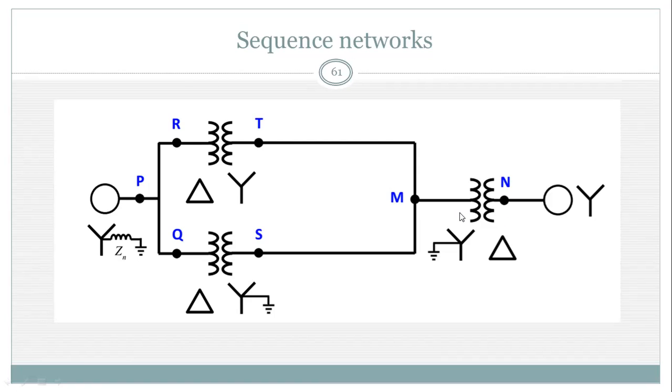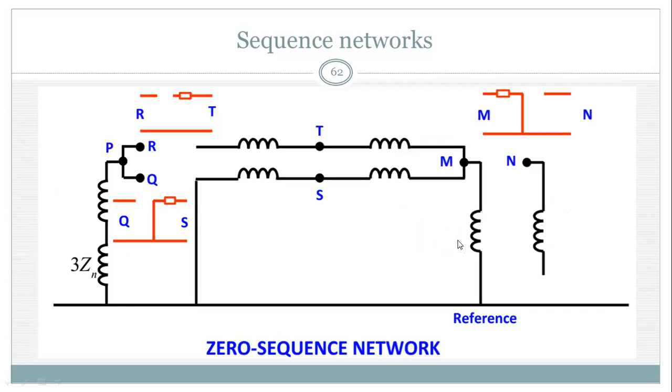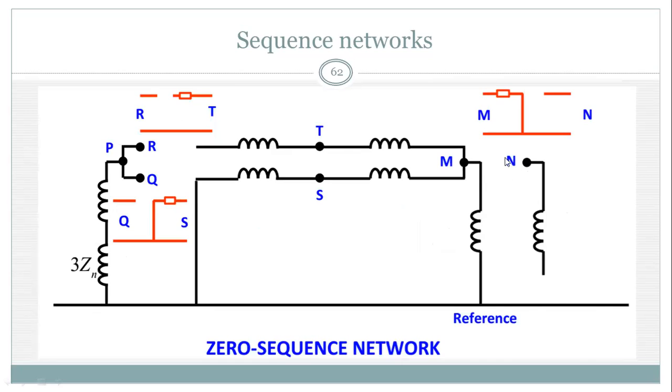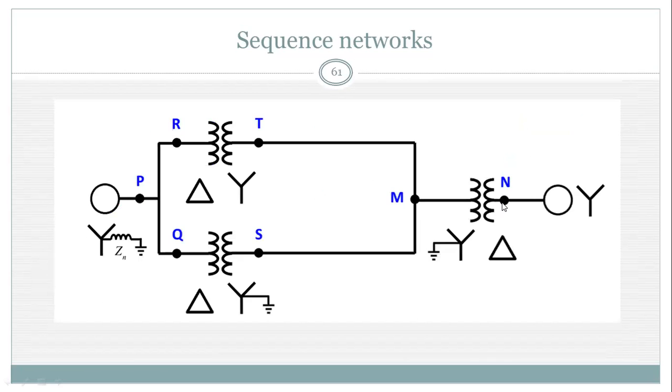From M to N point, there is another transformer, and this transformer's primary is Y grounded and secondary is delta. So in the primary portion, there should be an impedance connected to ground. Now the secondary is delta, so primary to secondary is open circuit. So M to N is an open circuit. Now at the N point, there is another machine, maybe this is a motor.